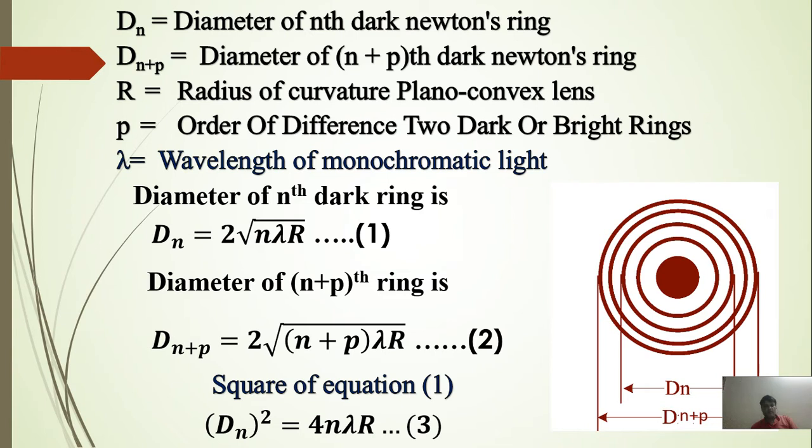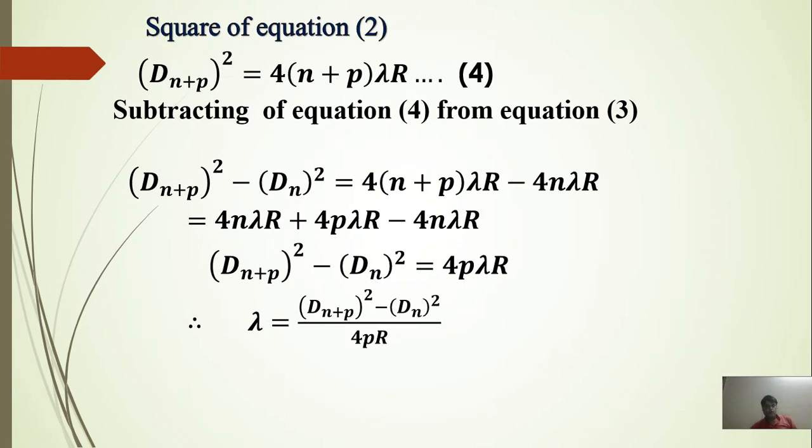The diameter of the (n+p)th ring is dn+p equal to 2 under root (n+p) lambda R. That is equation 2. Squaring equation 1, we get dn square equal to 4n lambda R. That is equation 3. Squaring equation 2, we get dn+p square equal to 4(n+p) lambda R, replacing n by n+p. That is equation 4.